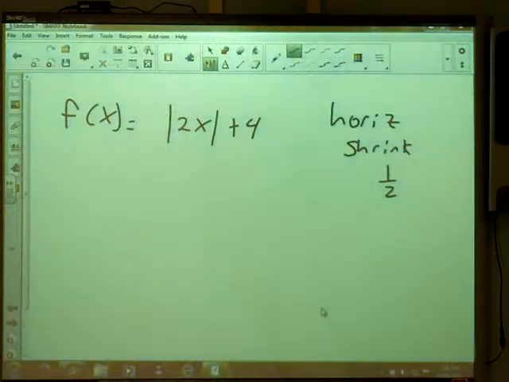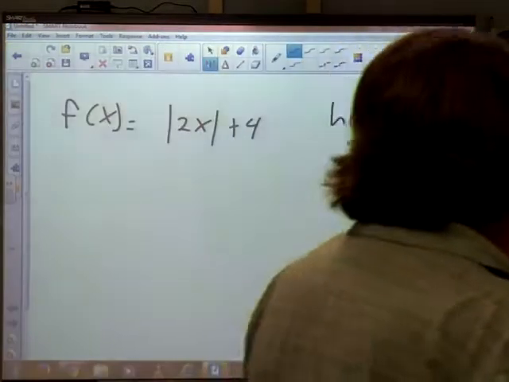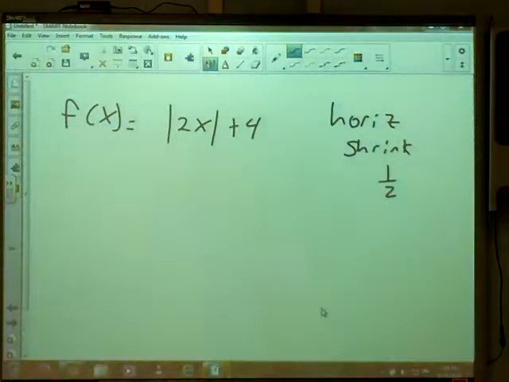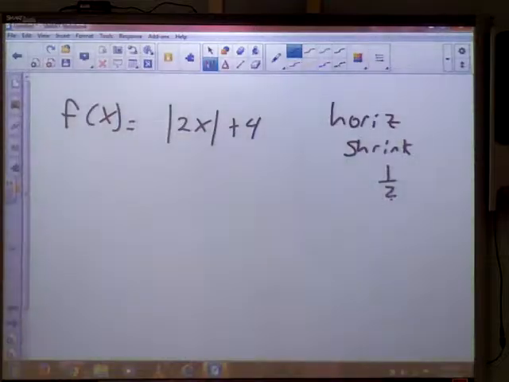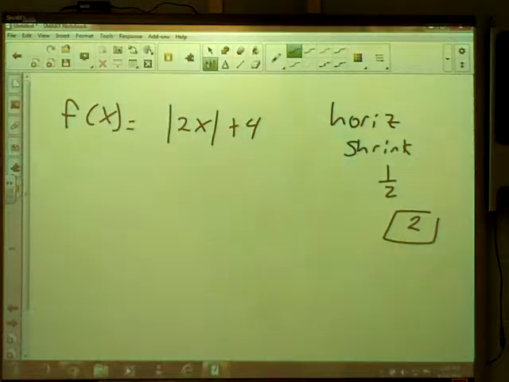Alright, so we're shrinking, but what's important is that it says horizontally. So when we do horizontally, do we keep the factor like it is, or do we use the reciprocal? Reciprocal, good job. What's the reciprocal of 1/2? 2, we just flip it. So if we flip that to 2 over 1, 2 is the factor I'm going to be concerned with.